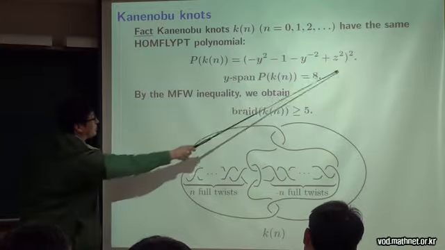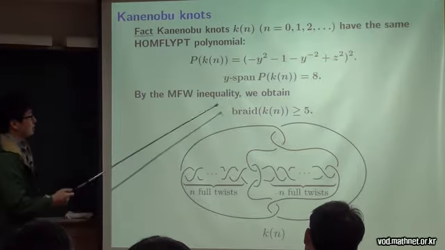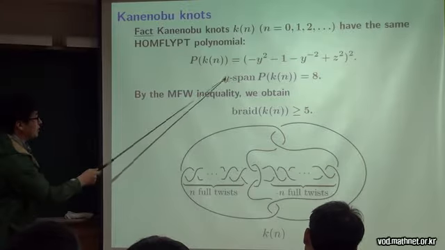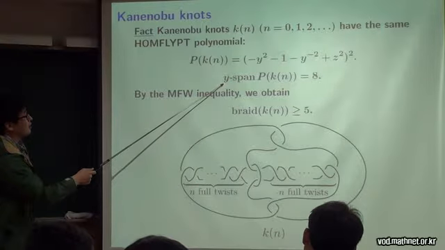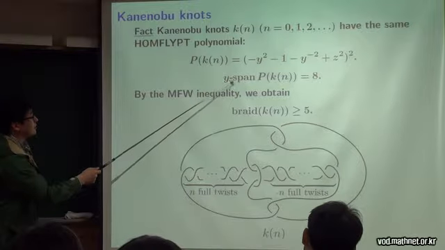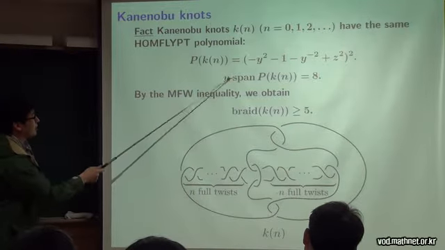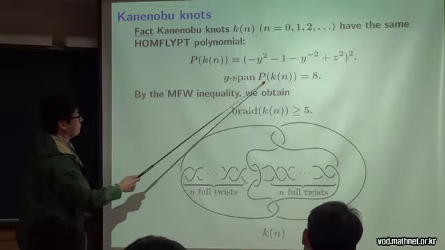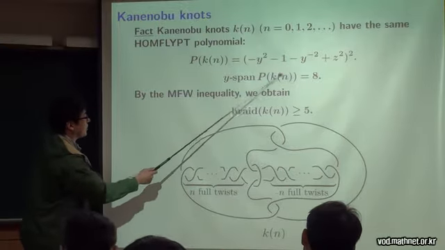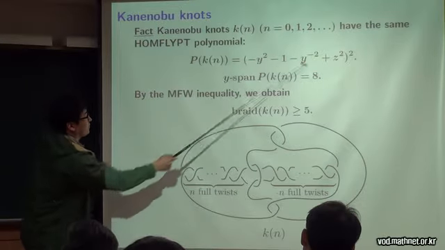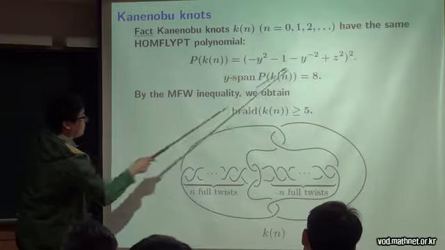Okay, this polynomial. The y span is the maximal degree minus the minimal degree on the variable y. So we see that the y span of the HOMFLY-PT polynomial of the Kanenobu knot K_n is equal to 8, that is, 4 and minus 4.